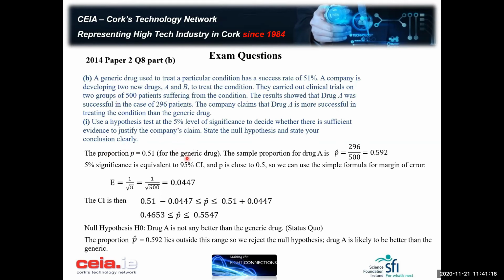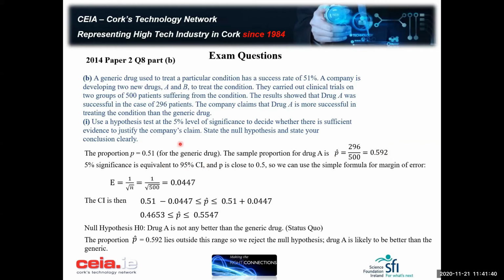Remember, the proportion for the generic drug was 0.51. We work out the proportion for drug A, and that is p hat, and we're told it is 296 successes out of 500, so it's 0.592.